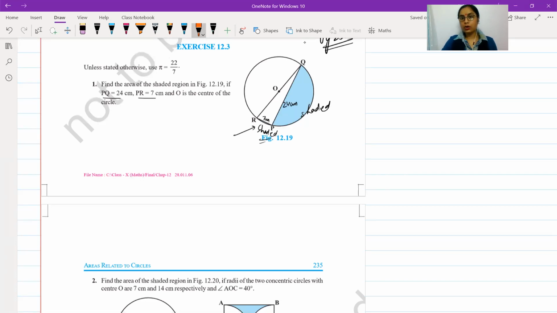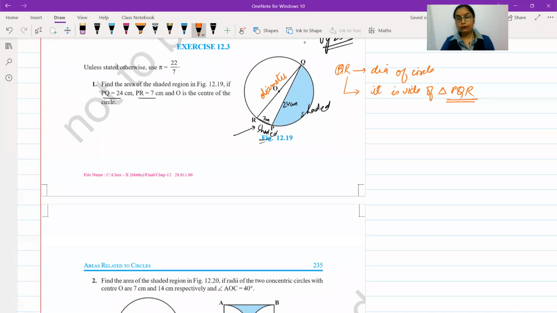This triangle that you can see here, its side is actually the diameter of the circle, first thing. QR is the diameter of the circle. Second thing about QR is it is a side of triangle PQR.